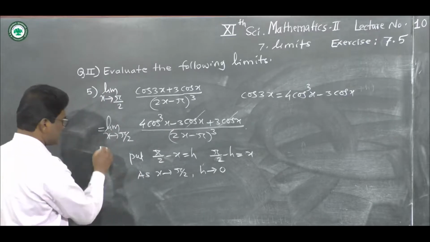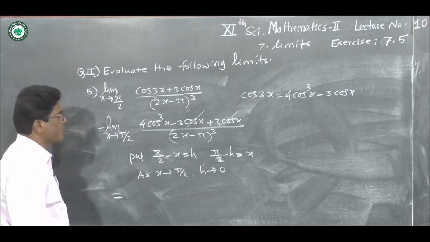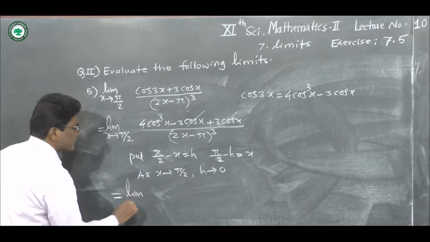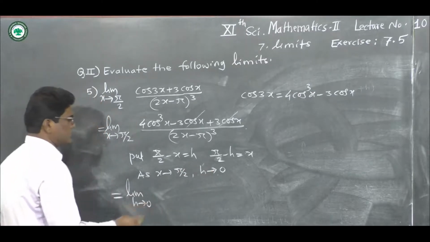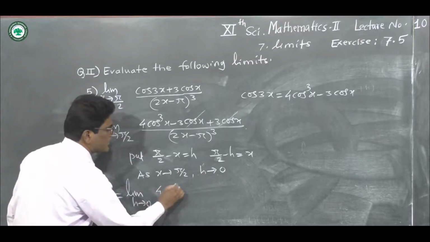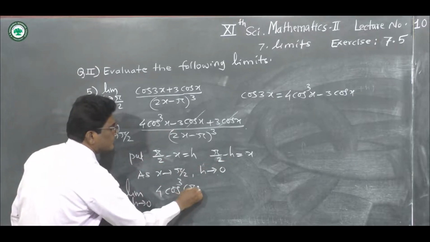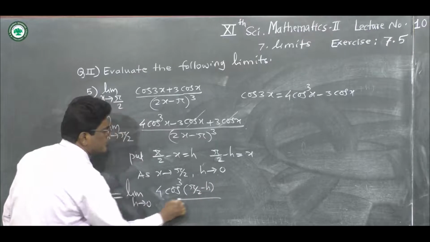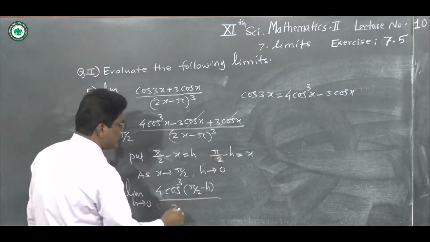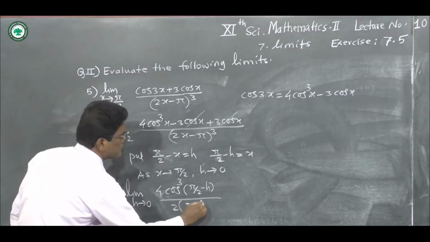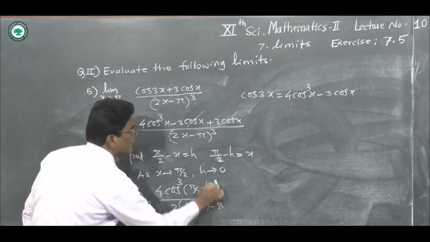So the required limit is the limit as h tends to 0, since x tends to pi by 2 means h tends to 0, of 4 cos cube of (pi by 2 minus h), divided by, in place of x write pi by 2 minus h, then 2 times that minus pi, whole cube.